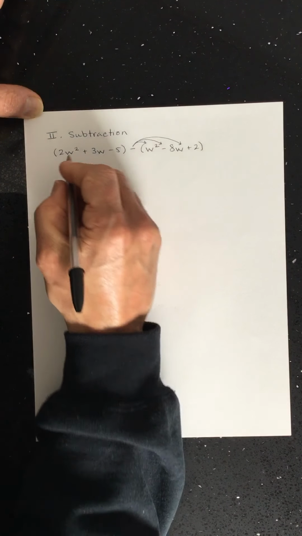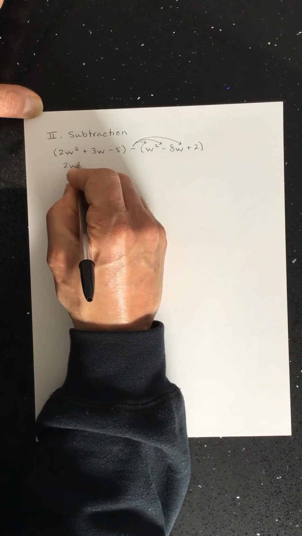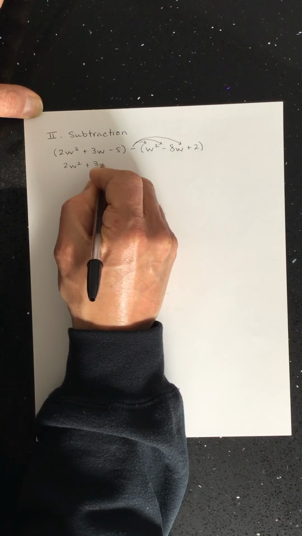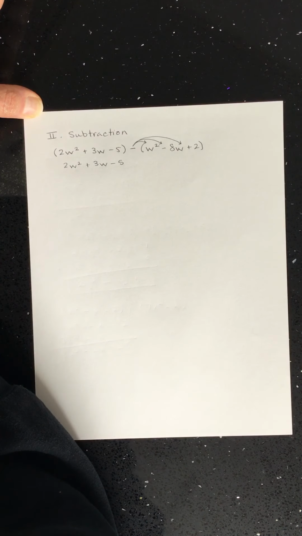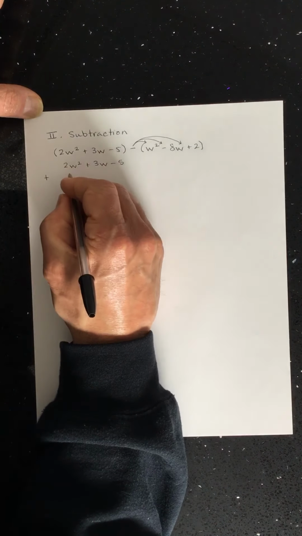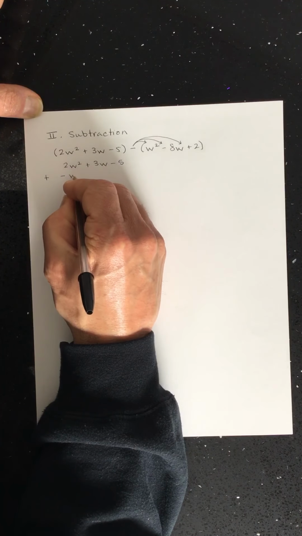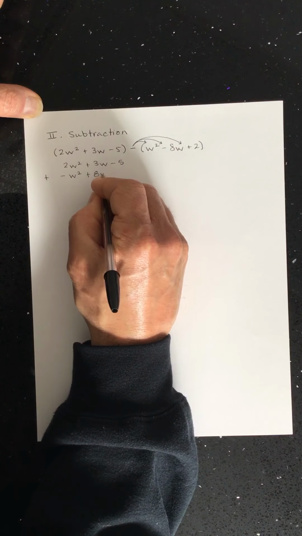I'll show you what I mean. So this is 2w squared plus 3w minus 5. By multiplying by this negative, we now get to add the opposites of the other quantity.